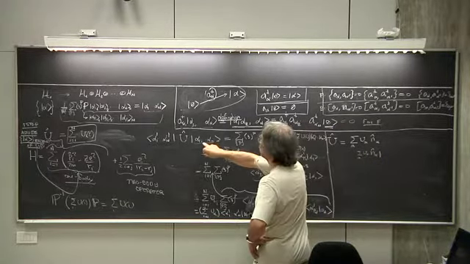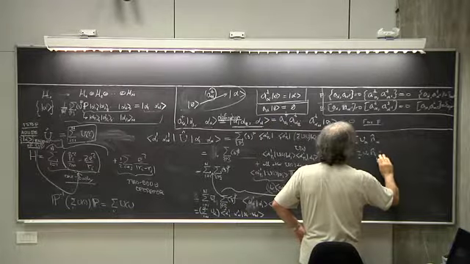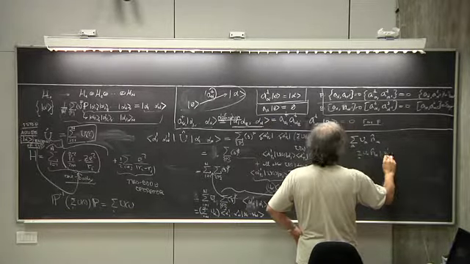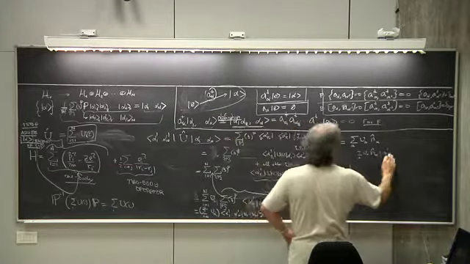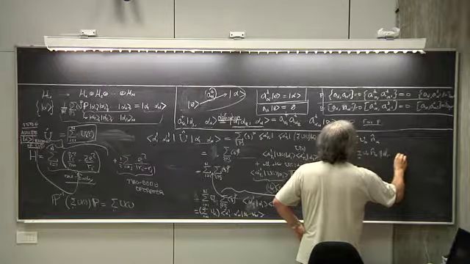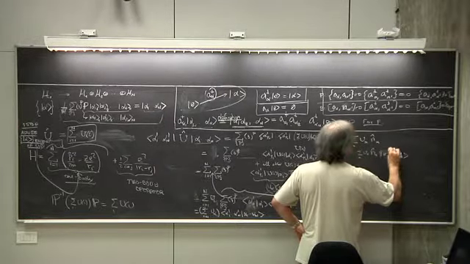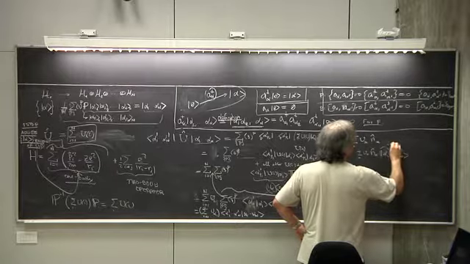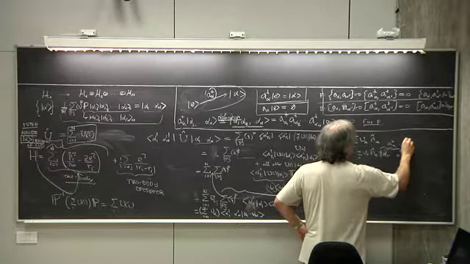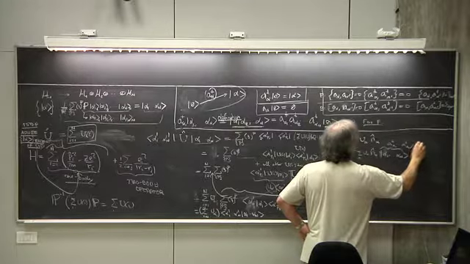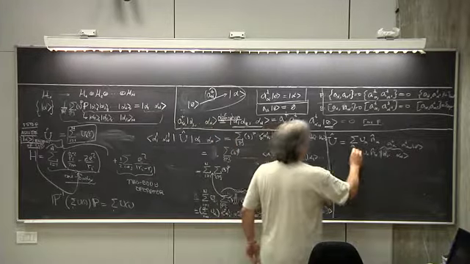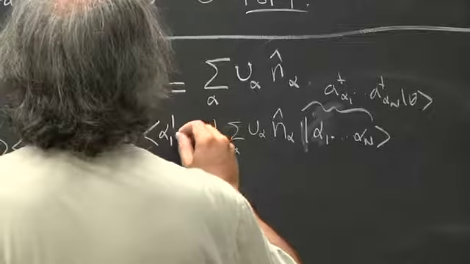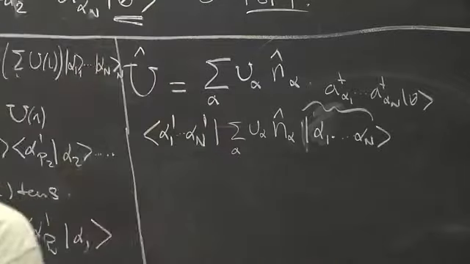Then I have the state on the right that is essentially a dagger. Well, I don't even need to write it in second quantization. I could write it like that or simply like this. Alpha 1, alpha n. Okay? So to restate this in second quantization would be a dagger alpha 1, a dagger alpha n built on the ground, on the floor, on the vacuum. Okay? So on the left, I have alpha prime 1, alpha prime n. Okay? Again, a certain number of a daggers.